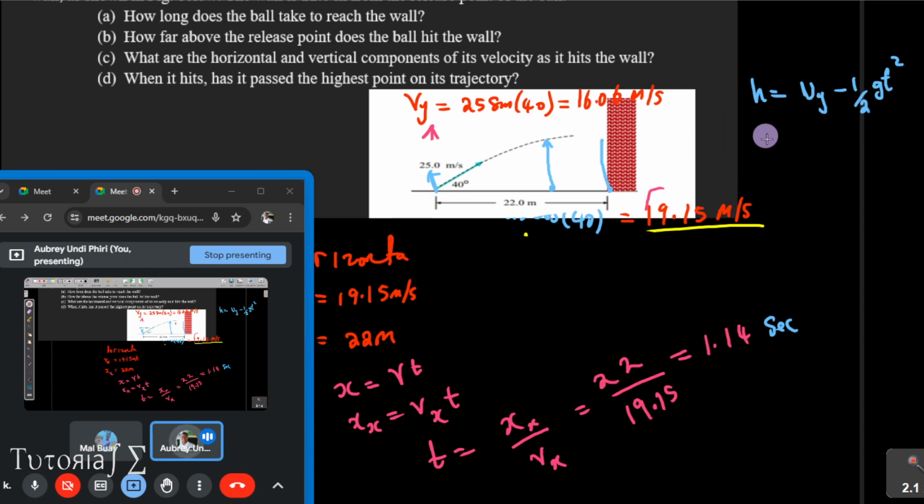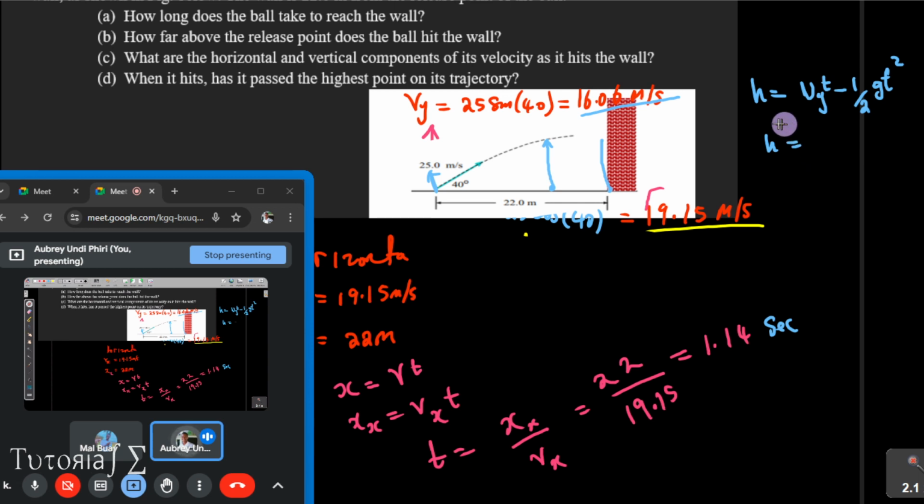So our height will be equal to velocity in the y, which we already have, times t. Height is equal to velocity in the y times t minus half gt squared.